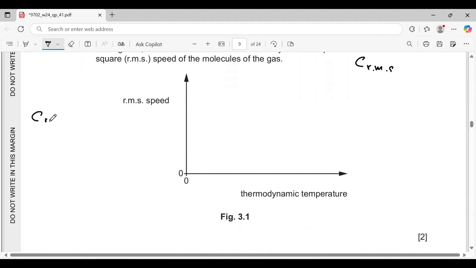C RMS equals the square root of 3kT over m. Okay, this is for the RMS speed.